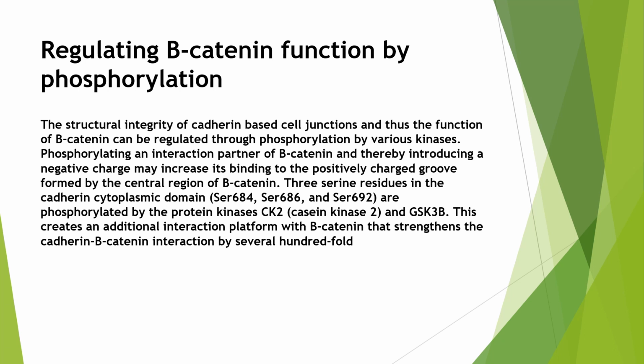Phosphorylating an interaction partner of beta-catenin and thereby introducing a negative charge may increase its binding to the positively charged groove formed by the central region of beta-catenin. Three serine residues in the cadherin cytoplasmic domain are phosphorylated by the protein kinase.